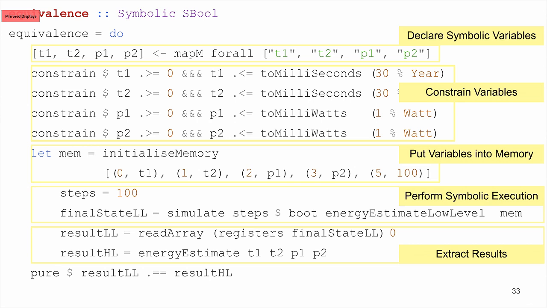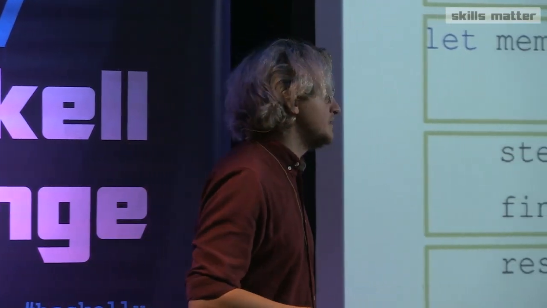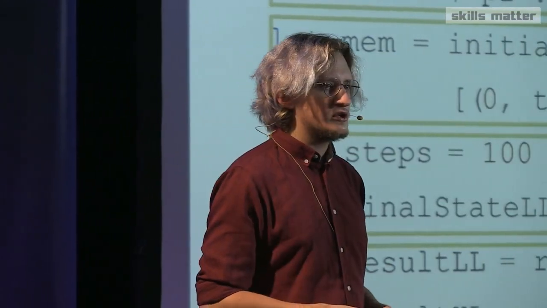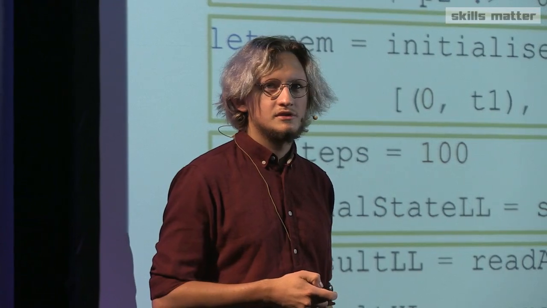And now, having those symbolic executions performed, I can compare the results of both high-level and low-level programs and formulate the property I would like to prove, that for every input value, the behavior, so the function, of the high-level and the low-level programs are actually functionally equivalent.